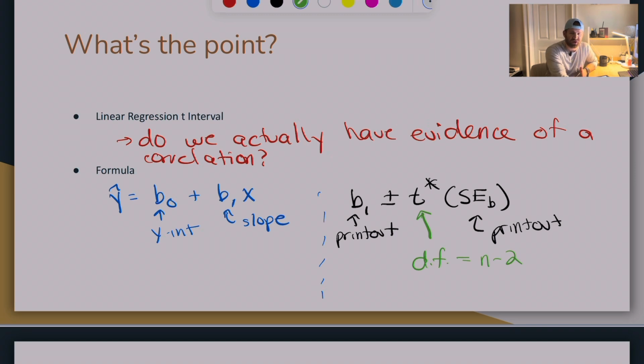Now that we have two variables, you lose 1 for x and you lose 1 for y. So it becomes n minus 2, where n is your number of data points. So if you have 30 ordered pairs, n is 30. So that's some of the logistics behind it.